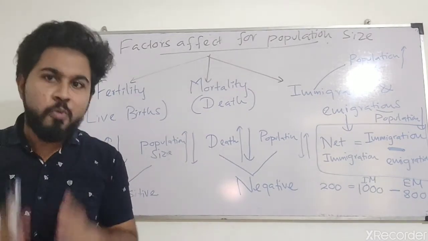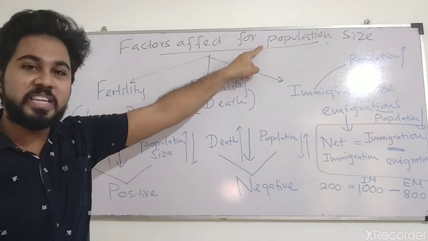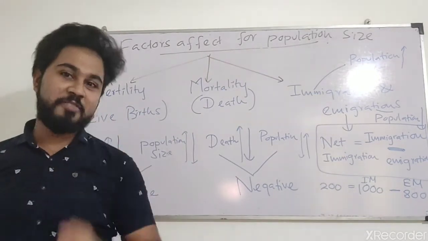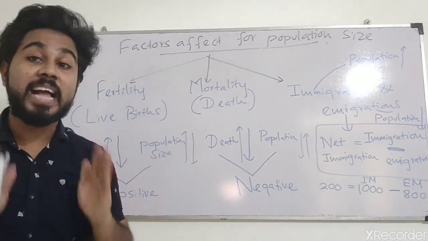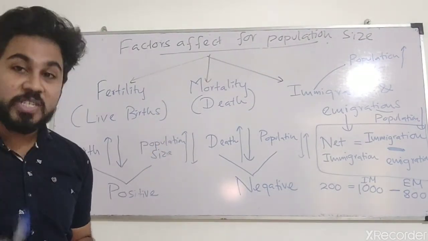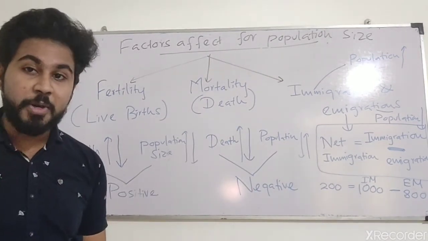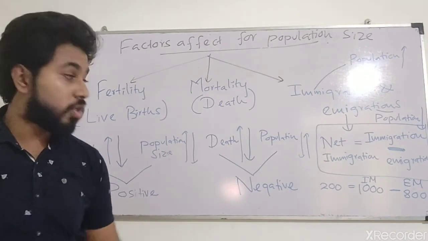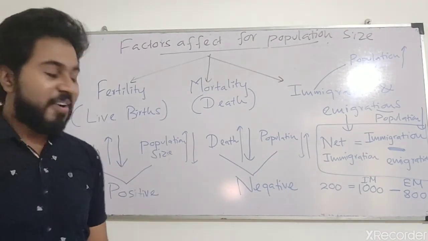So why is that? What are the factors that affect the population size? There are three main factors as we learned. Number one, fertility, which is also known as live births. Second, mortality, which is also known as death cases. Last one, immigration and emigration. The difference between those two concepts is net immigration.